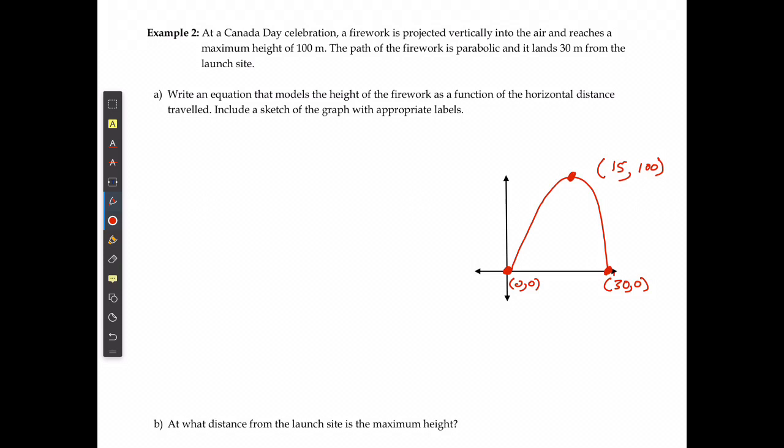I can say that this is going to be my height, in terms of meters, and this is going to be my distance, in terms of meters.